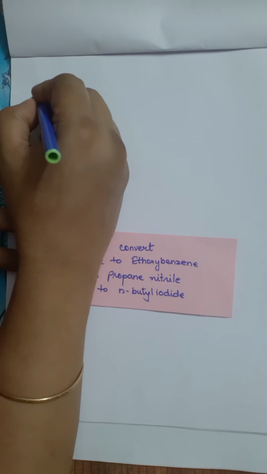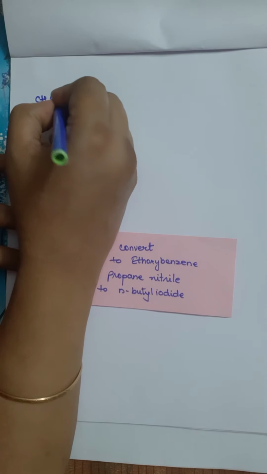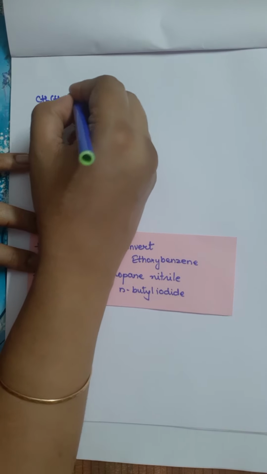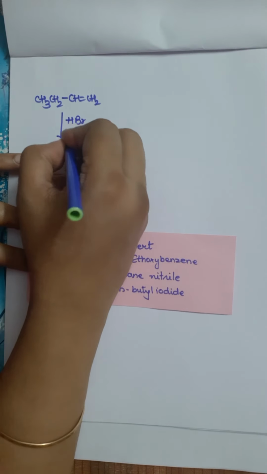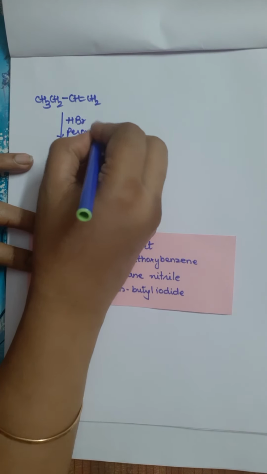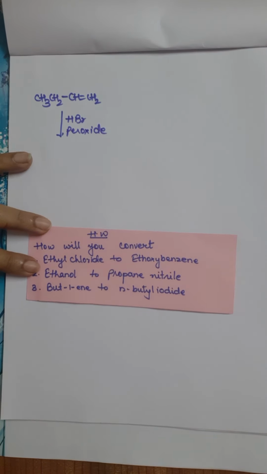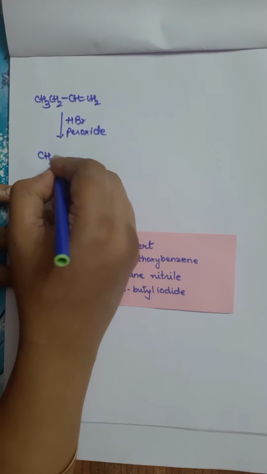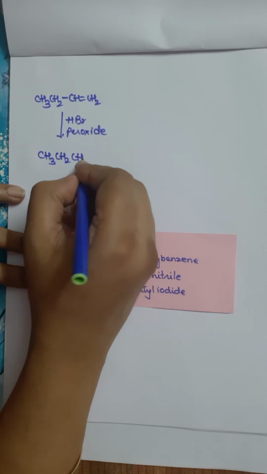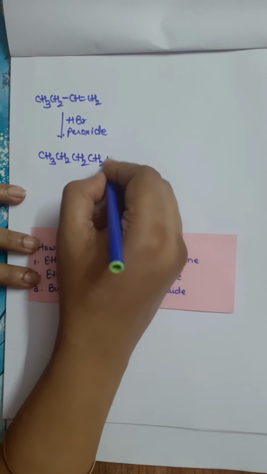Okay, so 1-butene, CH3CH2CH=CH2. In this you add HBr in presence of peroxide. So when you add HBr in presence of peroxide, what will be formed? CH3CH2CH2CH2Br.